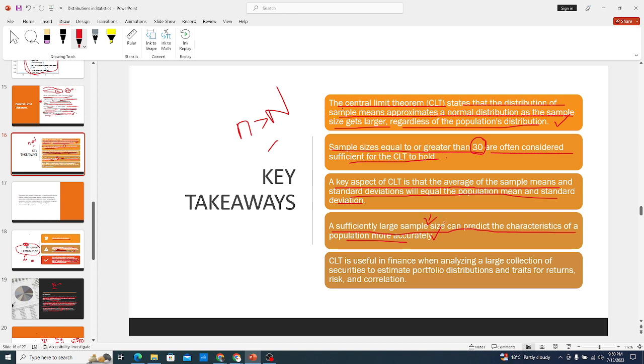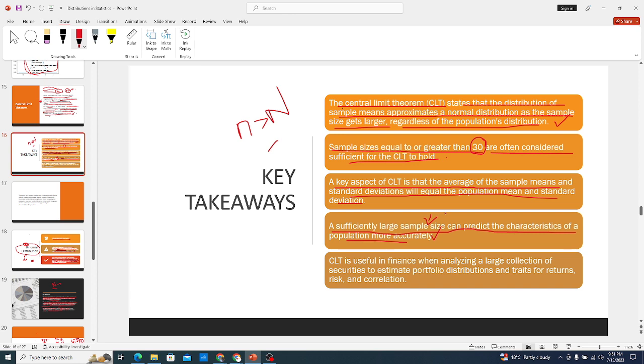Very correct. Let's assume we are studying opinion polls. Yesterday we had some demonstrations in Kenya.